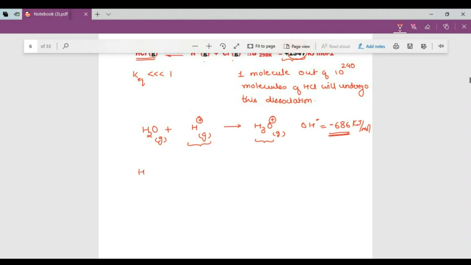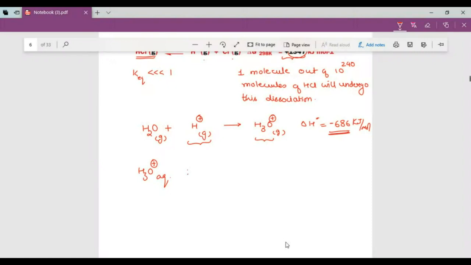And if I talk about H3O plus under aqueous conditions, it is very much stabilized by the H bonding given by the solvent. This is my H3O plus, a tetrahedral molecule.